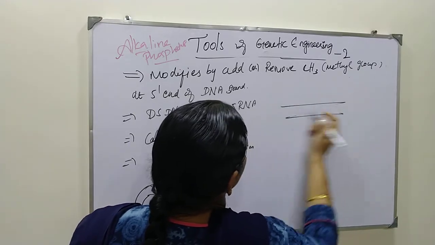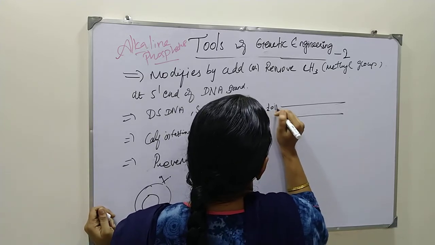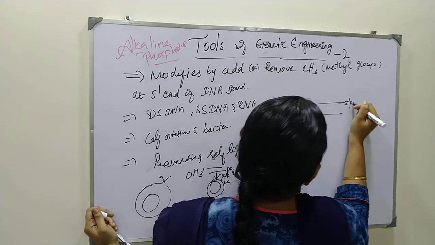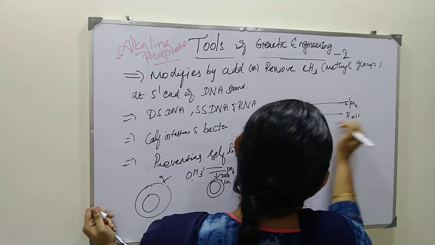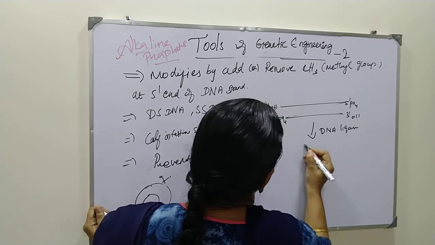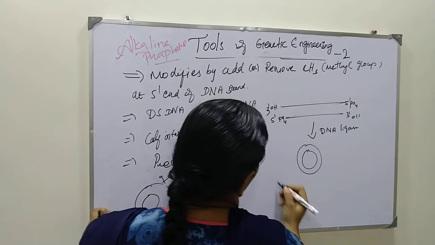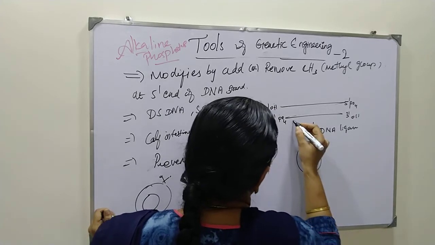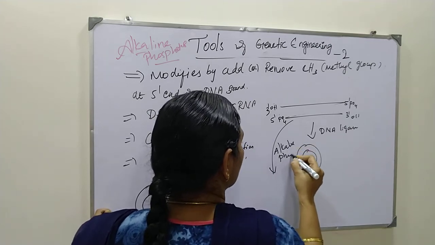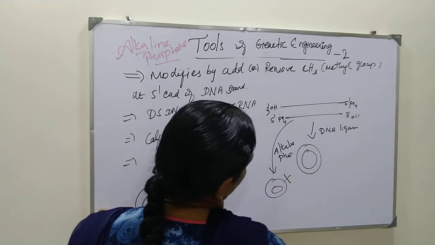So that's what I am going to draw here. This is a 3' OH, 5' phosphate, and 5' phosphate and 3' OH is there. Now I am adding a DNA ligase. So what will be happening? It gets circularized by the DNA ligase. Suppose in case I add alkaline phosphatase, what will it do? It avoids the self ligation.